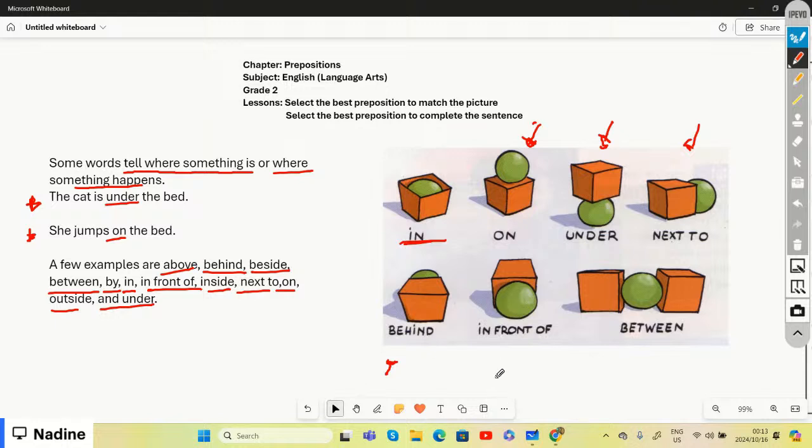The next one says, if we look at where the green ball is, and if we look at the next one, look at where this green ball is. Here we have the two boxes on either side.